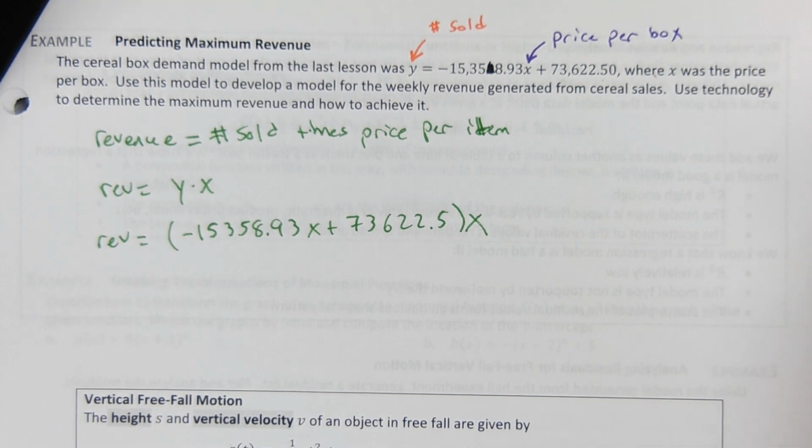So do we need to sell more boxes or do we need to bring in more money? What's more important? Bringing in more money. So sometimes it's better to increase the price of an object, even though it's going to lower the sales, because it will increase the revenue.